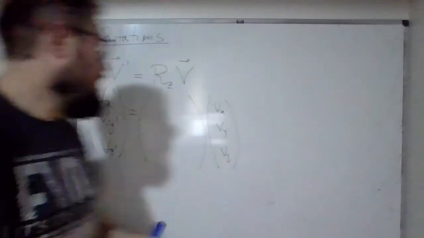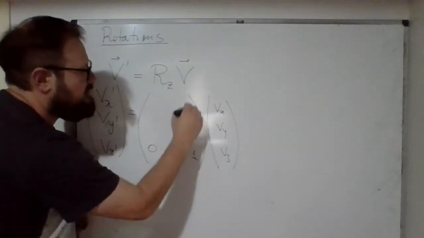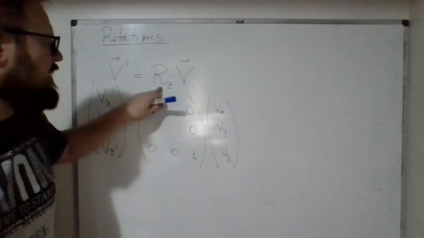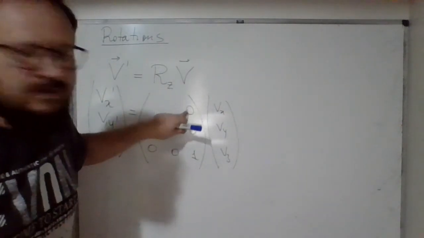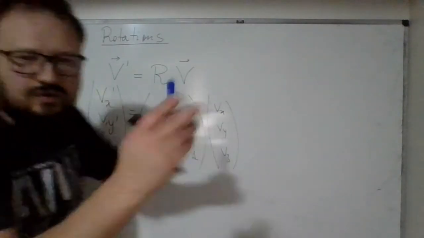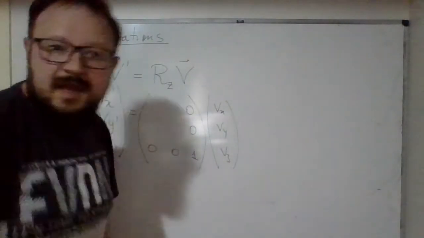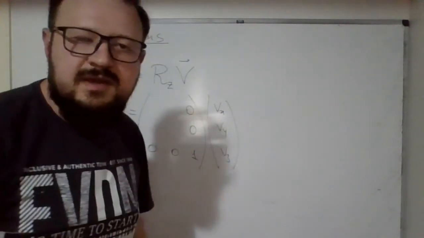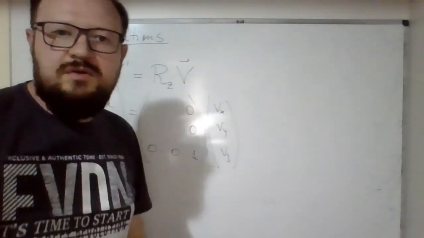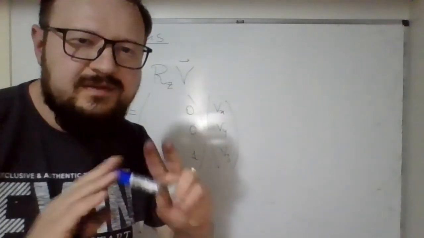So, of course, the components of that matrix must be in the following form, because you are rotating along the z-axis, so the z component is kept fixed. The same as if you are rotating along the x-axis, the x component is kept fixed. If you are rotating with respect to the y-axis, the y component is kept fixed.